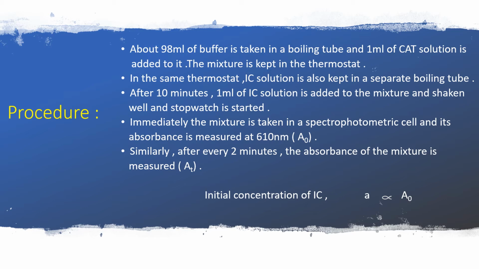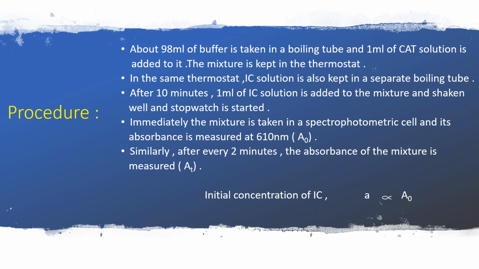and at that time you are starting the stopwatch. Immediately the mixture is taken in a spectrophotometric cell. You know that the spectrophotometric cell is the cuvette. So you are taking the mixture in the spectrophotometric cell and you are measuring the absorbance.